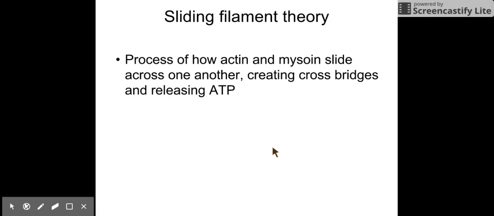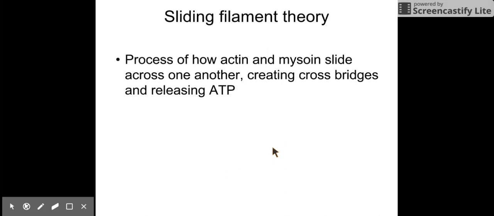The sliding filament theory is the explanation for how muscles contract. We used to think that it was just like a coil, like a big slinky, and that slinky just contracts and reduces its length. We thought that that's how muscles worked, and we didn't understand how it all worked. But with the sliding filament theory, we actually understand that it's not like a slinky at all.